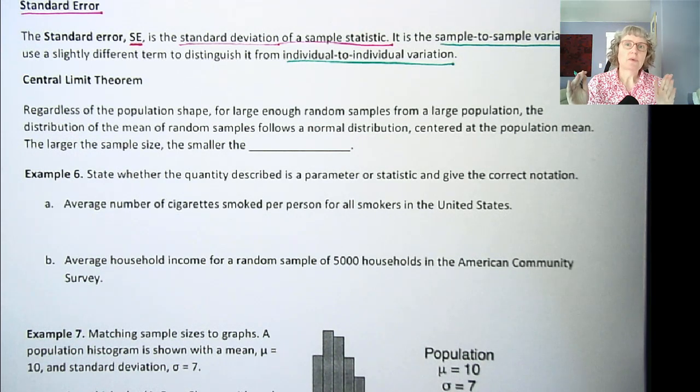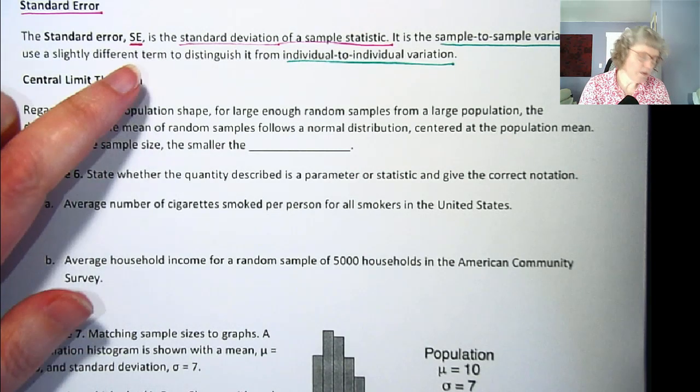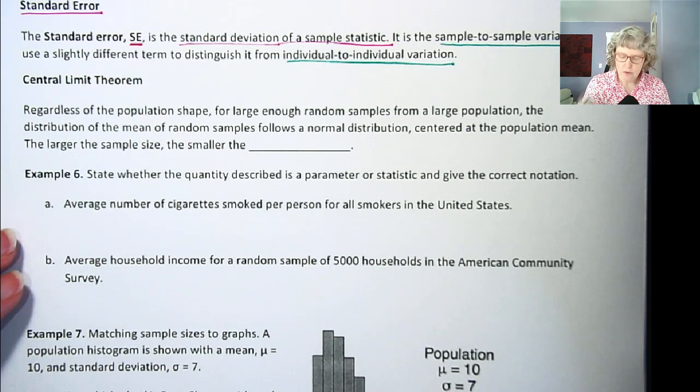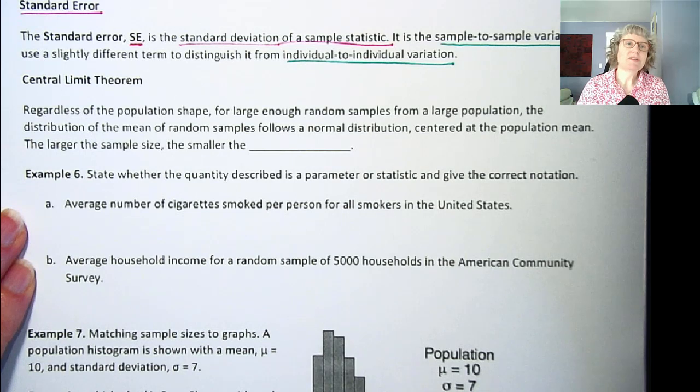But then we saw that as the sample size got higher, the graph got narrower. So the bigger the sample size, the smaller the sample to sample variation you will get. That's why we use standard error, to remind us that it's not individual to individual variation, it's sample to sample. But we're still calculating it in the same way. It's the standard deviation of all the sample statistics.